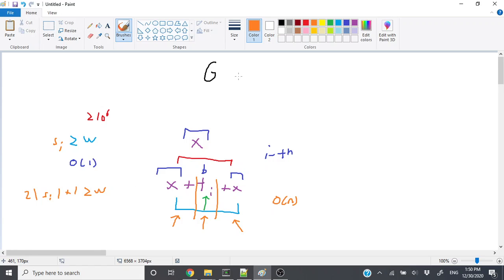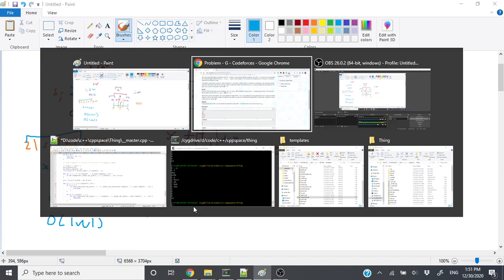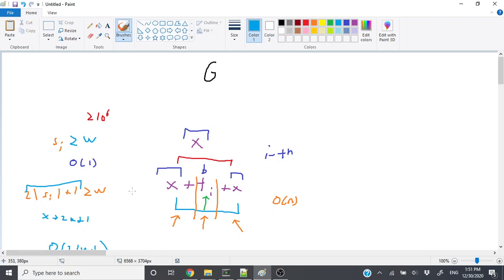The gap between two strings is like x becoming 2x plus 1 in length. So the string is going to be at most around 2 times the length of w, which means the number of strings we check is just O of the length of w. And the sum of the lengths is again 10 to the 6, so the complexity should work out there.